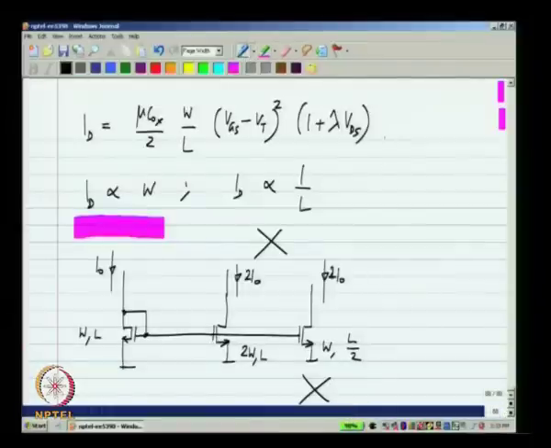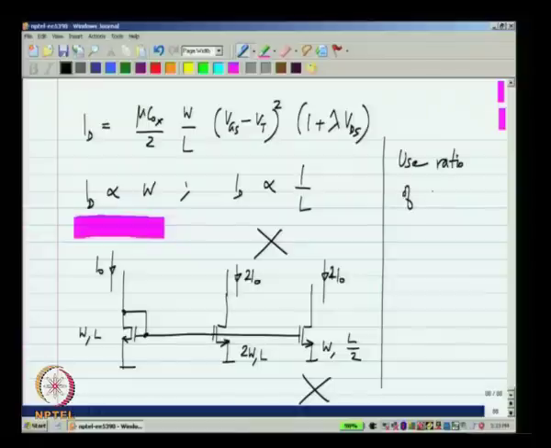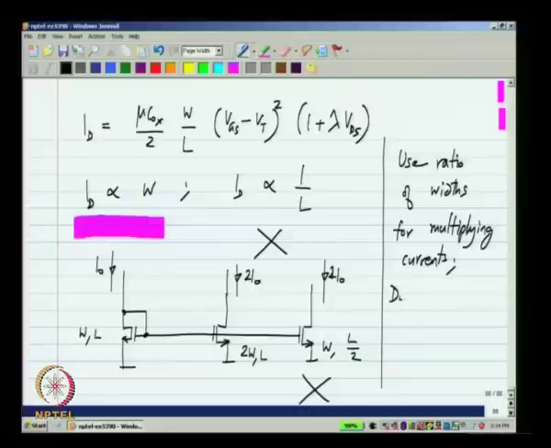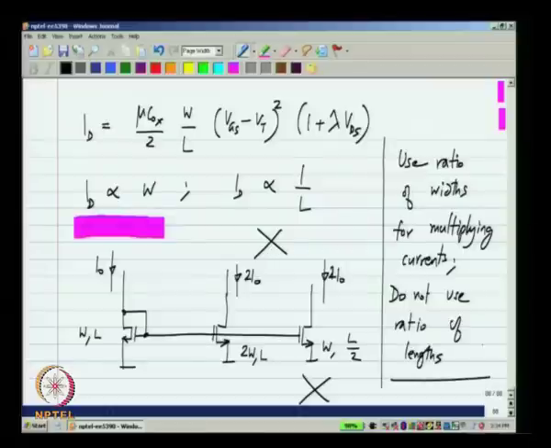Okay. So, you use ratio of widths for multiplying currents, you never use ratio of lengths. Okay.